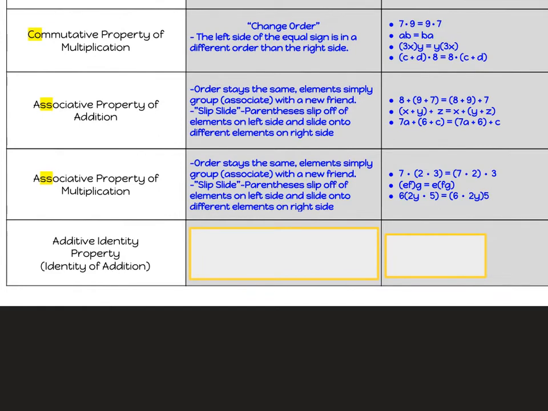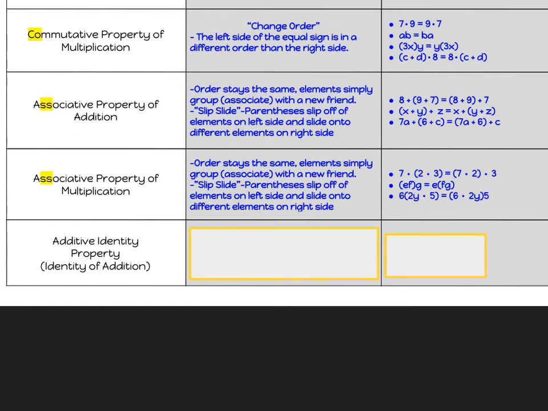If we do 7 times 2, then what we're going to get within those parentheses is 14. And if we multiply that by 3, we're also going to get 42. So there you can see how, even if the parentheses slip and slide, what is on the left side of the equal sign still equals what is on the right side of the equal sign.